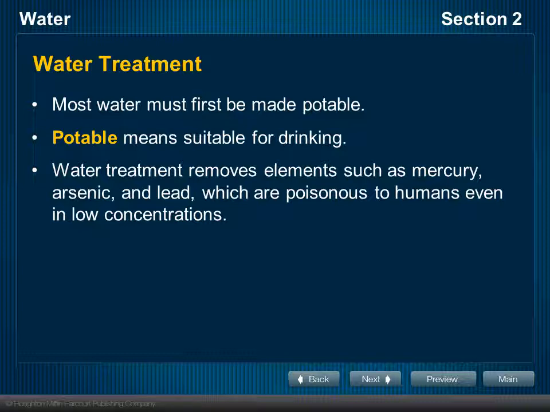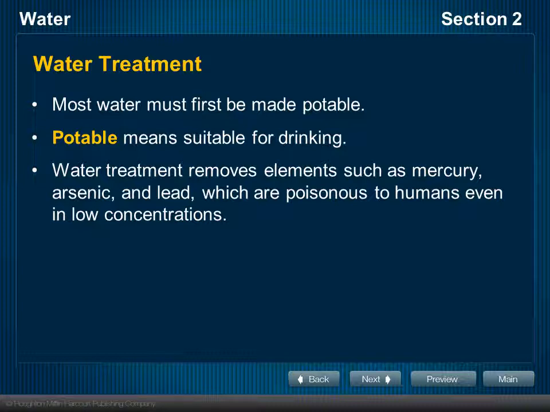Water treatment, as you have seen in one of the labs that you're working on, will take out things like mercury and arsenic and lead. Those things are poisonous to humans in even low concentrations, and yet they can be found occurring naturally. Certainly they can get into water supplies unnaturally, but they can be there too just because of what water flows through and what it dissolves.